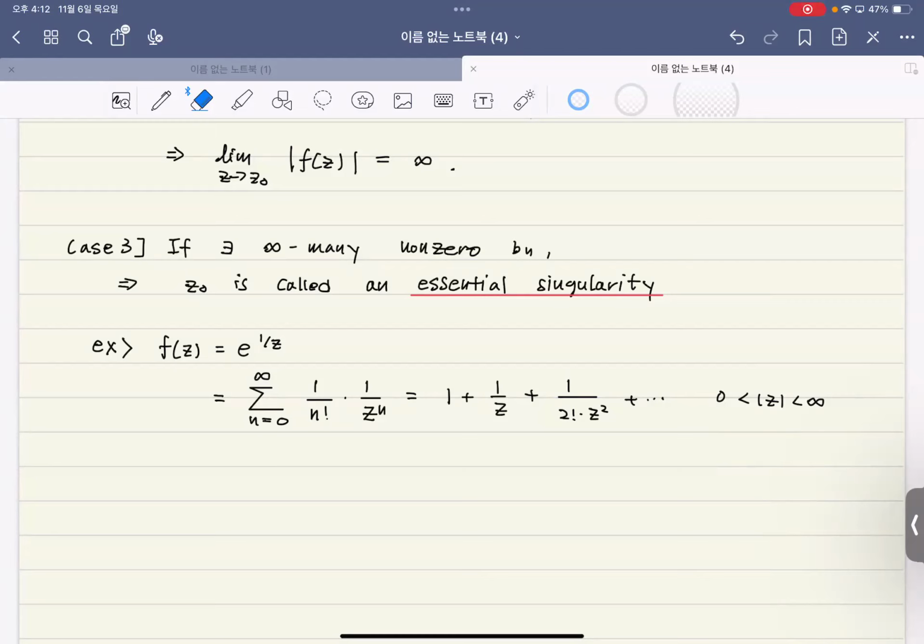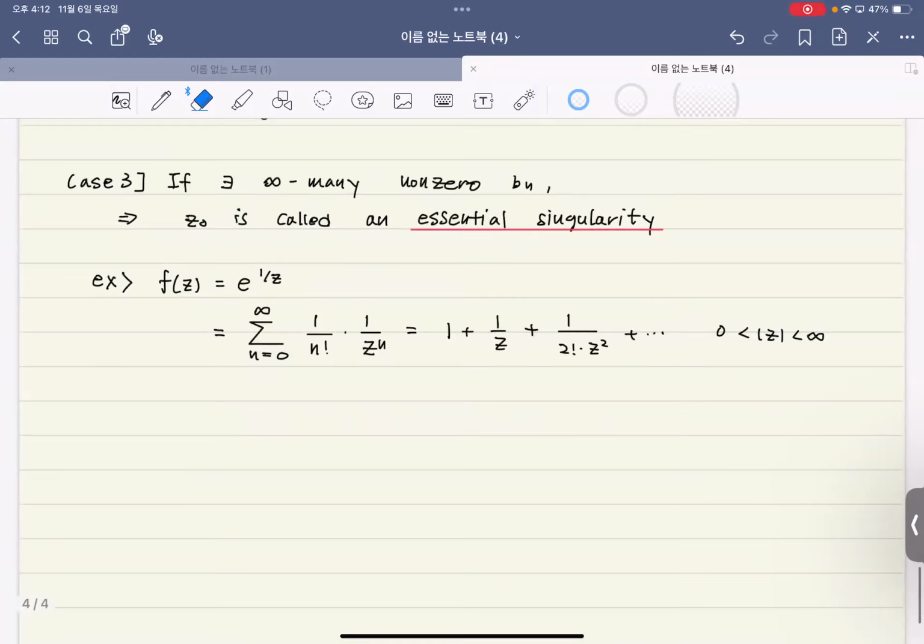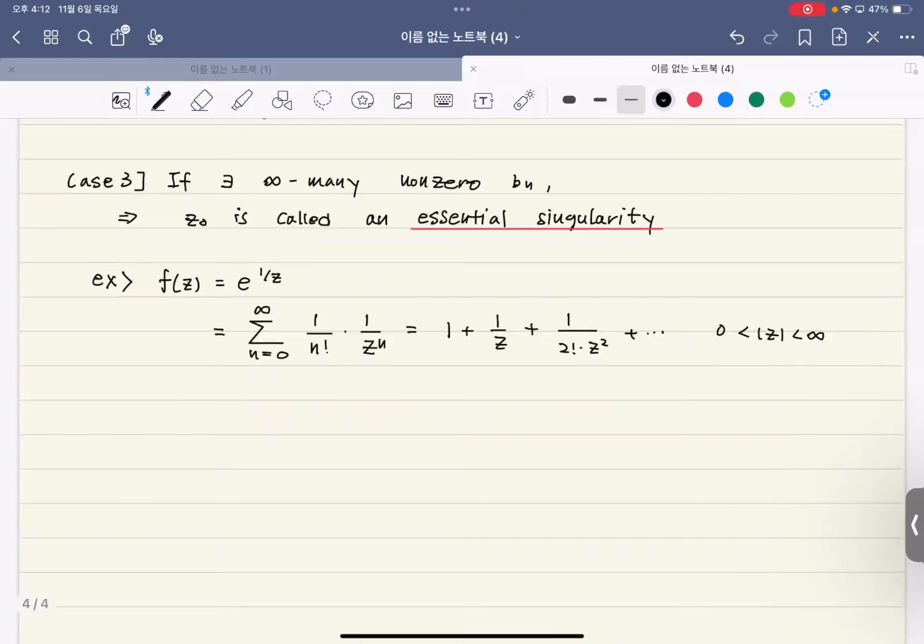We choose any complex number, say z0. In polar form, z0 equals r0 times e to the i theta 0.